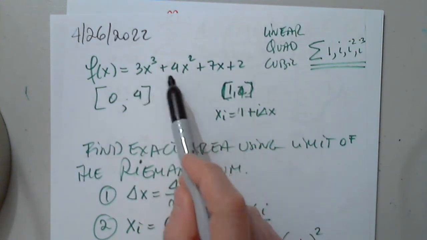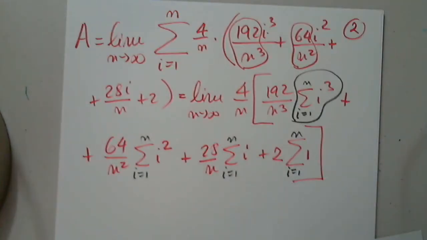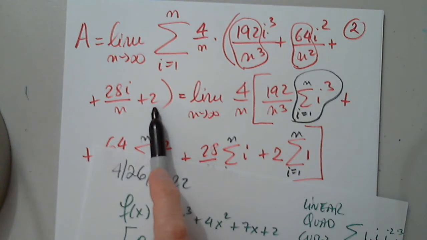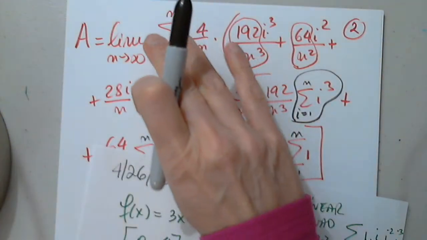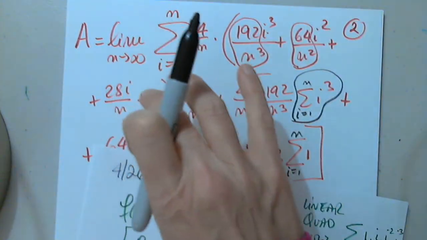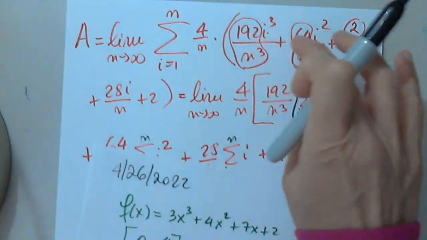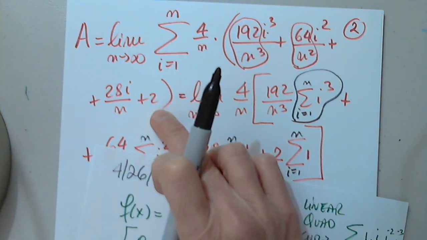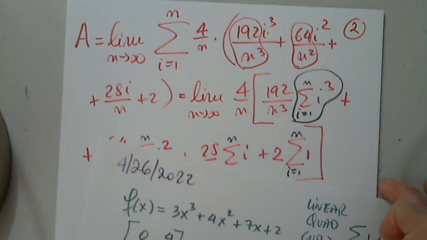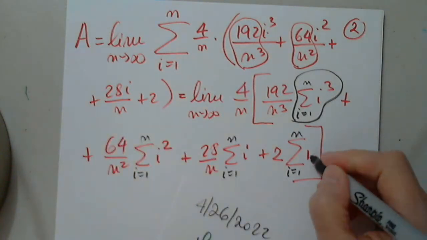Why did we write +2 with the summation? Because it's the sum of 2. You have to apply the sum to all terms, and I have 4 terms. I cannot apply the sum to the first 3 and forget to apply the sum to the last. It says 1.